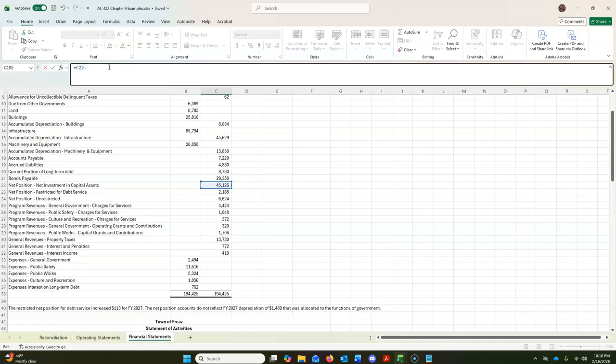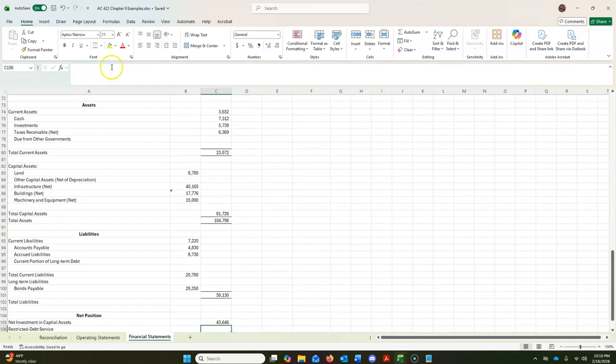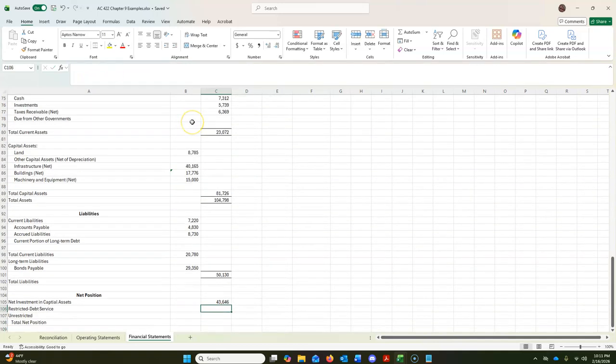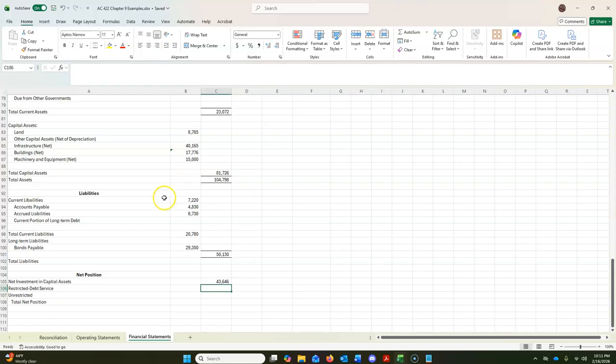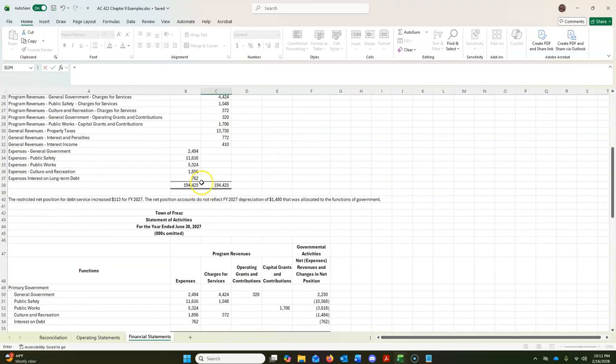Then I want to make sure I subtract that $1,480 amount of depreciation to get that amount. Okay, then I have restricted for debt service. Okay, and so I have a note about the debt service.